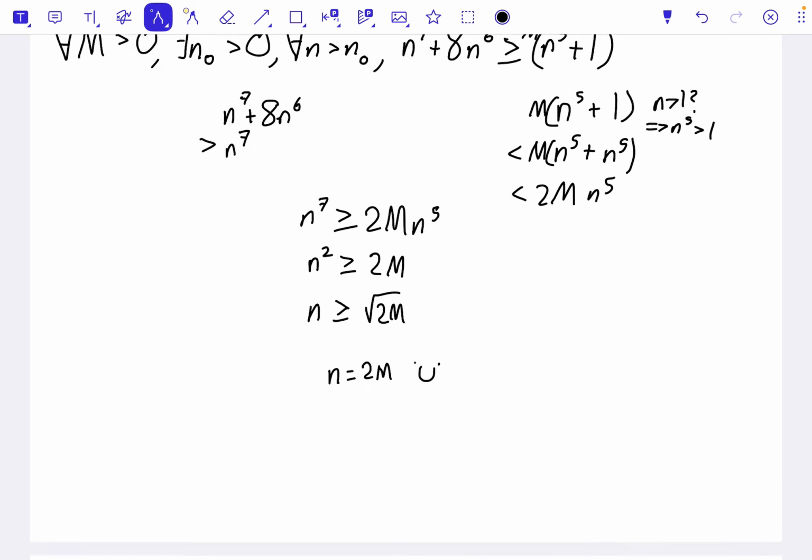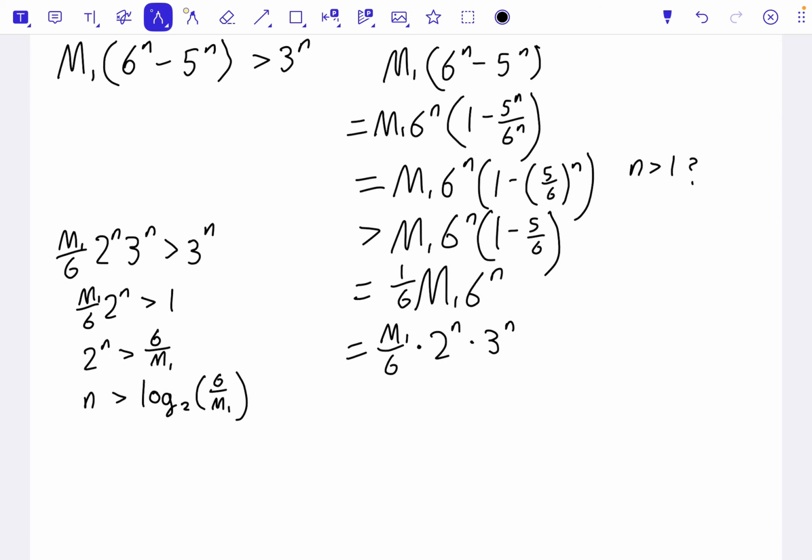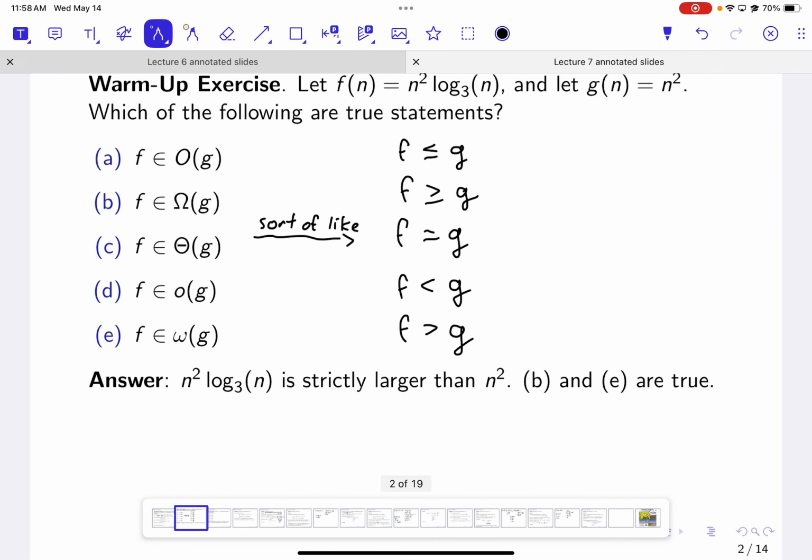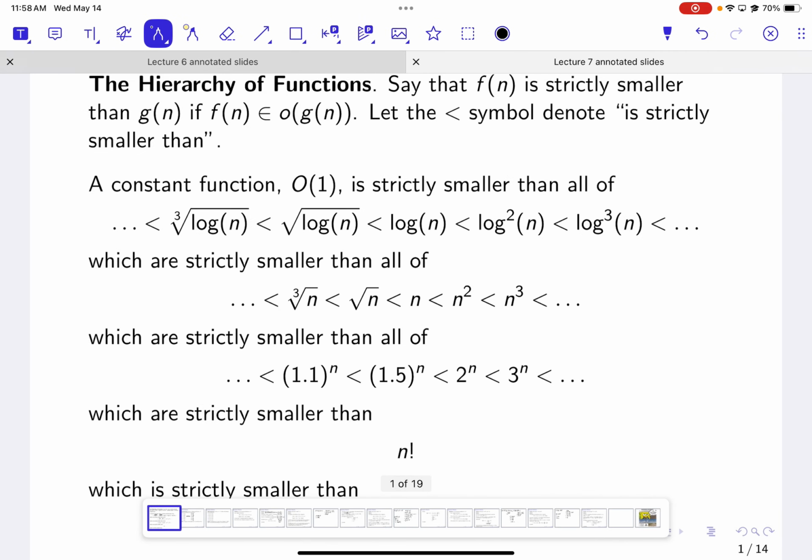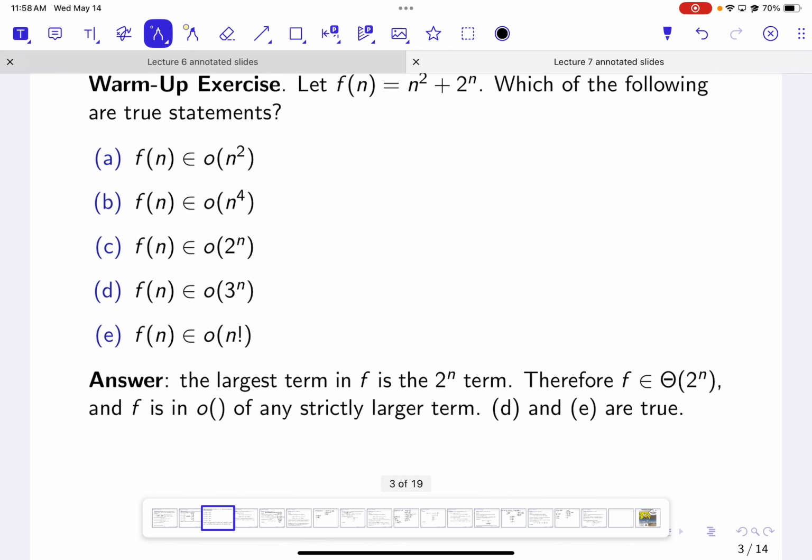Okay, so there will be 4 questions on the quiz. 2 of them are sort of more conceptual. You'll have to know the general idea of asymptotic notation and the hierarchy of functions in order to do similar things to this slide.